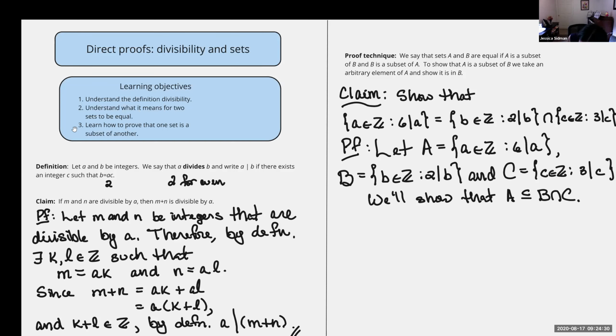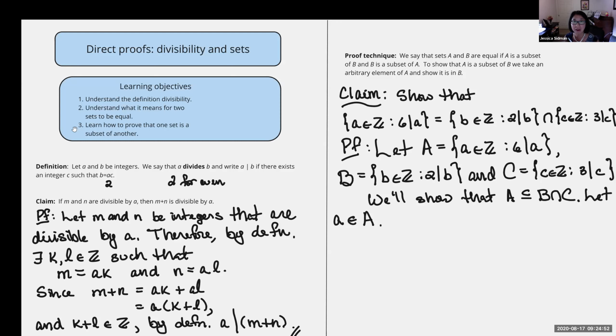So to do that, I start by saying let a be an arbitrary element of A, okay? And now I'm going to use my direct proof poem, okay? I've written down what I want to show. We'll show that A is contained in B intersect C.